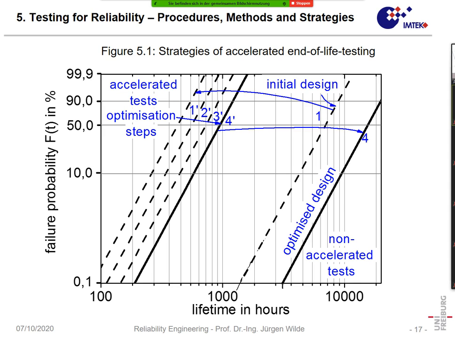What will you do? You accelerate tests. You have the initial design. You build it, you find out you are here on that curve. Now you do accelerated tests. Accelerated tests are harder: more acceleration, more G values, more temperature, more power, and so on.